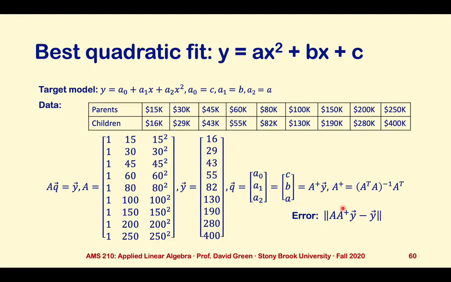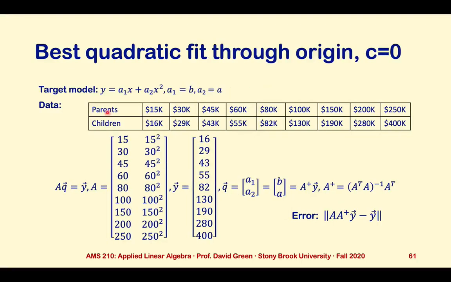Finally, quadratic fit through the origin. Here, our constant term is 0. We can write this as a new model, linear piece and a quadratic piece, but no constant. How does that change our definition of our matrix?